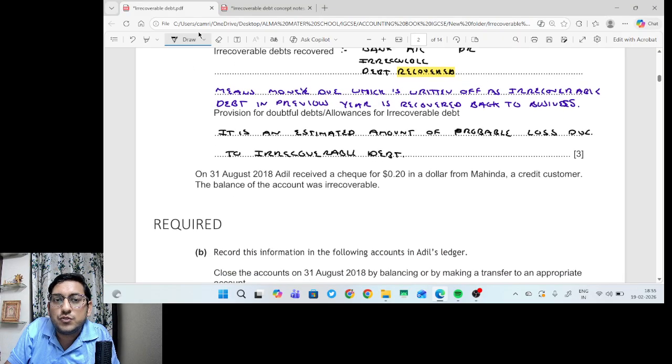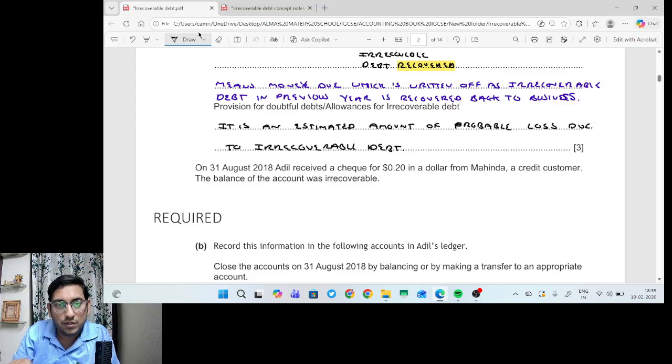On 31st August 2018, Adil received a check of $0.20, right? So when $1 is in decimal, it is called a cent. So 20 cents or $0.20. Can I say 20% in a dollar? 20 cents in a dollar means 20% in a dollar.